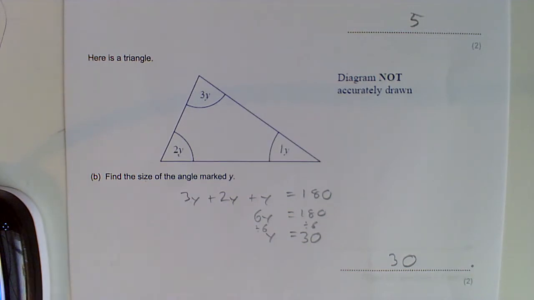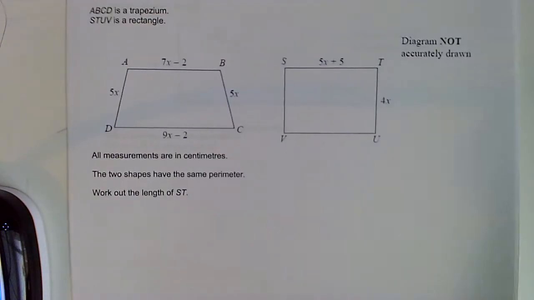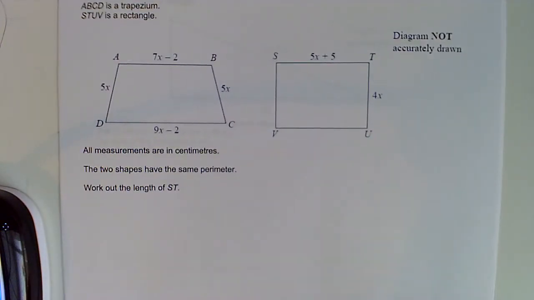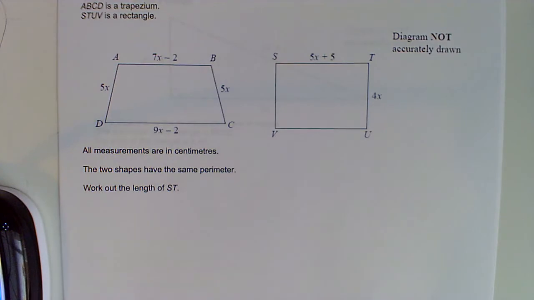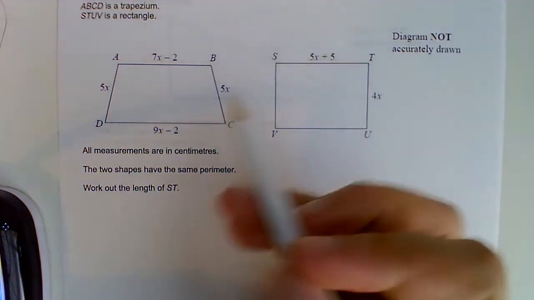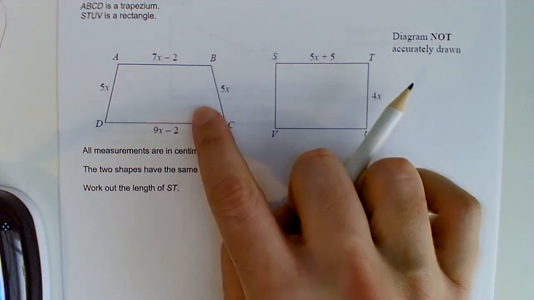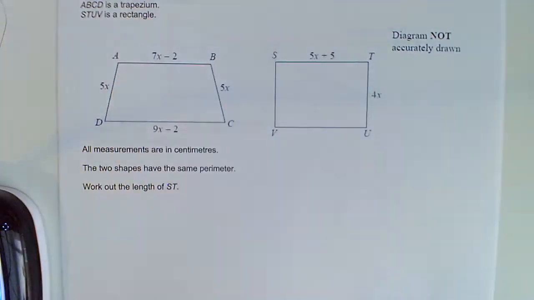Okay, so hopefully that starts you to think about the kind of things that we need to be doing here. Okay, so let's have a little question 2. Right, this one a little bit trickier, more going on, trickier shapes to deal with. Okay, so that's a trapezium, that's a rectangle, that's all that means at the top.